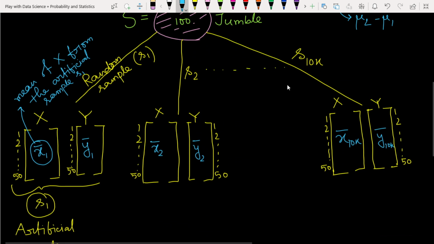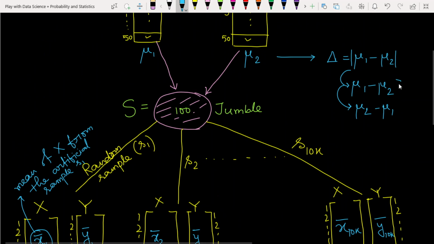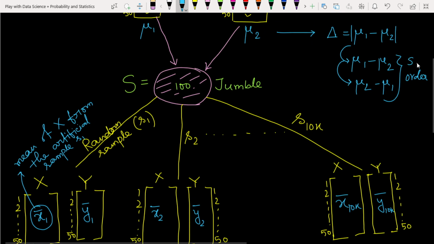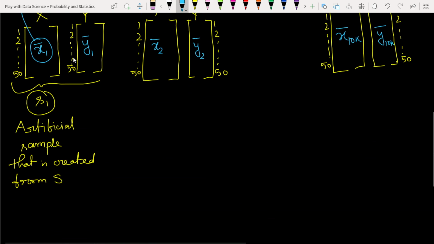The same order is also maintained for each artificial sample.